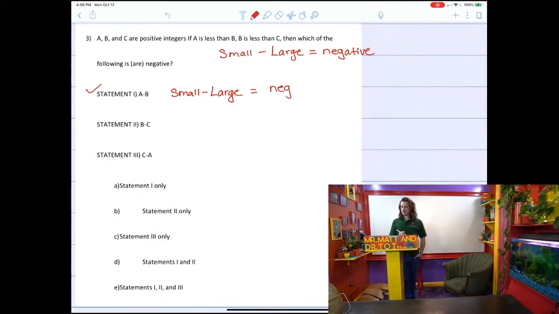Because if A is less than B, then if you take B away from A, the result has to be negative. Statement 2, B minus C, so B is less than C. So we have a small number, again, minus a large number. This is going to produce a negative result.